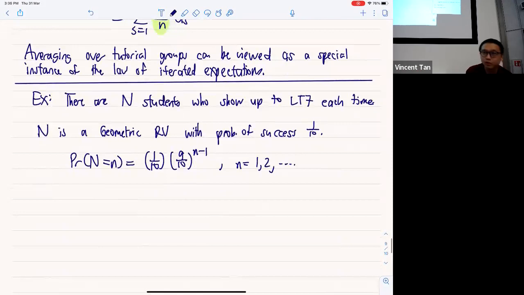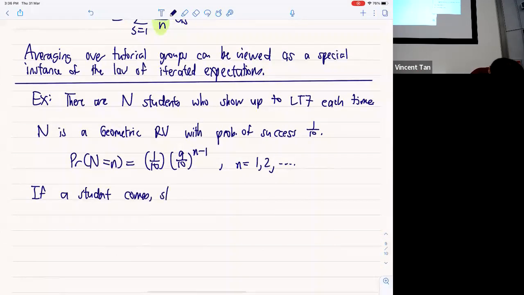If a student comes, she or he brings along Xi dollars to the class in cash.